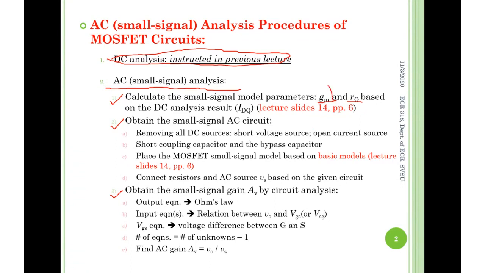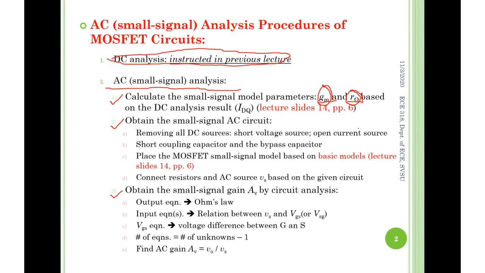By the way, what does gm mean? I mean, this parameter is called what? What's the name for it? Anyone remember? What is gm? And also, what is r0?